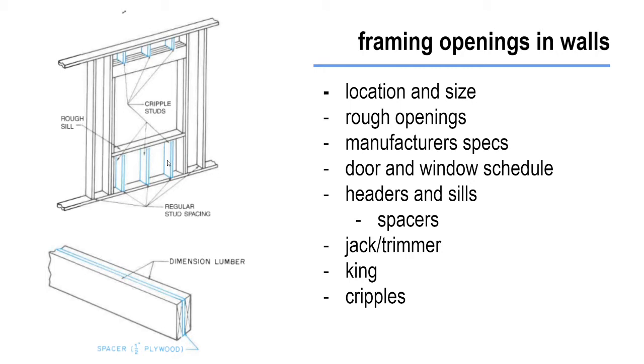So if I have an opening in my wall, I need to figure out where it's going to be located first of all, and then I need to figure out its rough opening, which we can find based on the manufacturer's specifications. The size of the rough opening, or the opening in the framing, would be listed on the door and window specifications provided by the manufacturer.